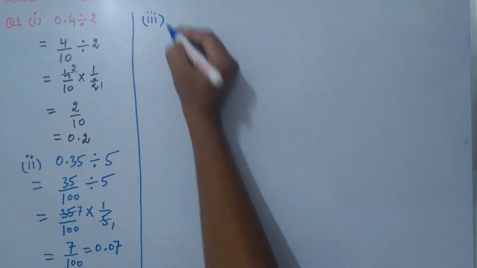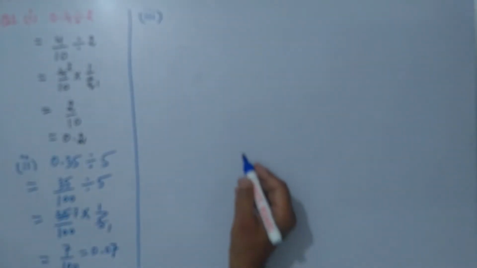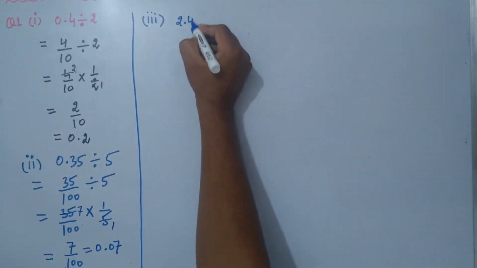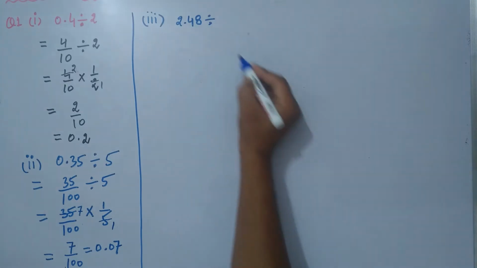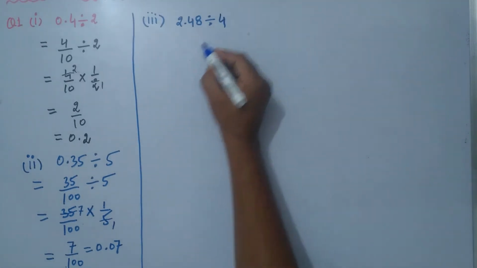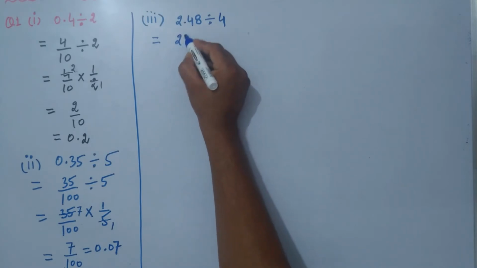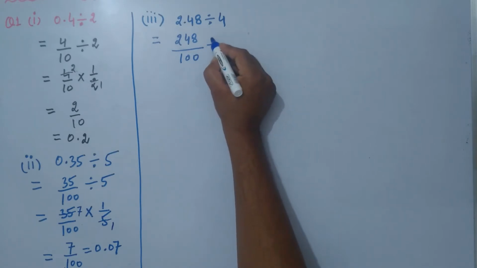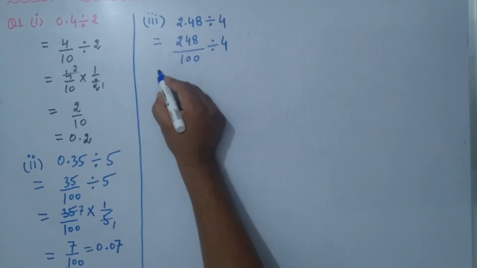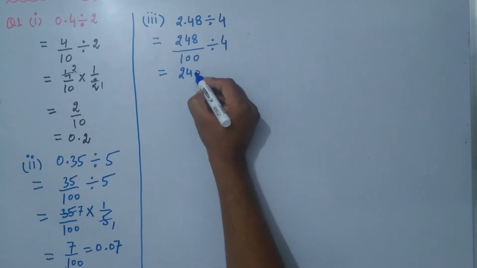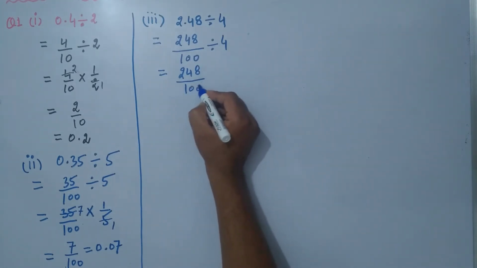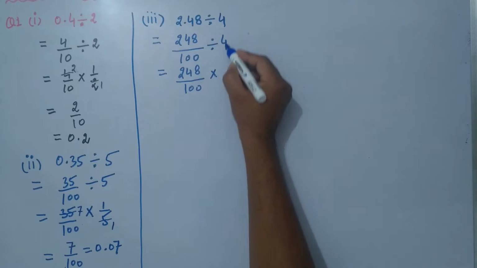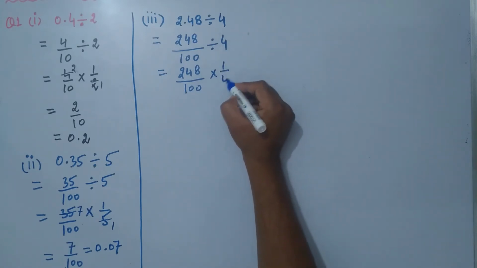Now coming to the next question, part number 3, we have 2.48 divide 4. So this means 248 divide 100 divide 4. Then 248 divide 100, divide means multiplication, 4 means 1 upon 4.